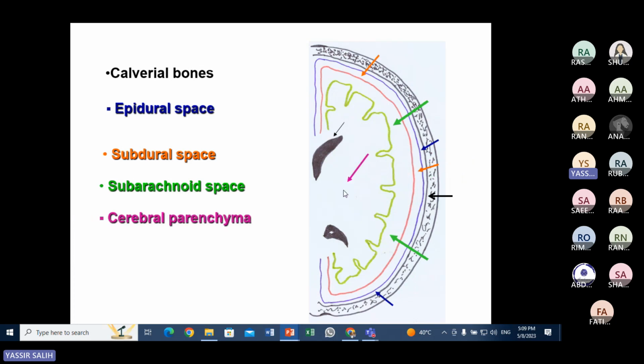So blood may accumulate in the brain parenchyma and in the other spaces. And this is the lateral ventricle. Also, blood may accumulate in these ventricles.